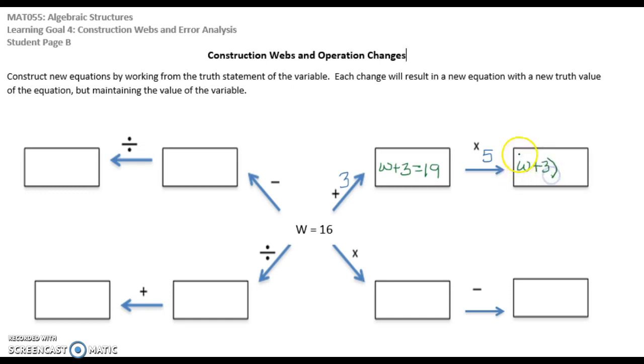That's happening first, so I have to have it in parentheses. I'm going to multiply it by 5, and then that's going to equal, well, it's not equal to 19 because w plus 3 is 19, and I need to multiply it by 5. It's 5 times this worth, so this should be 95.